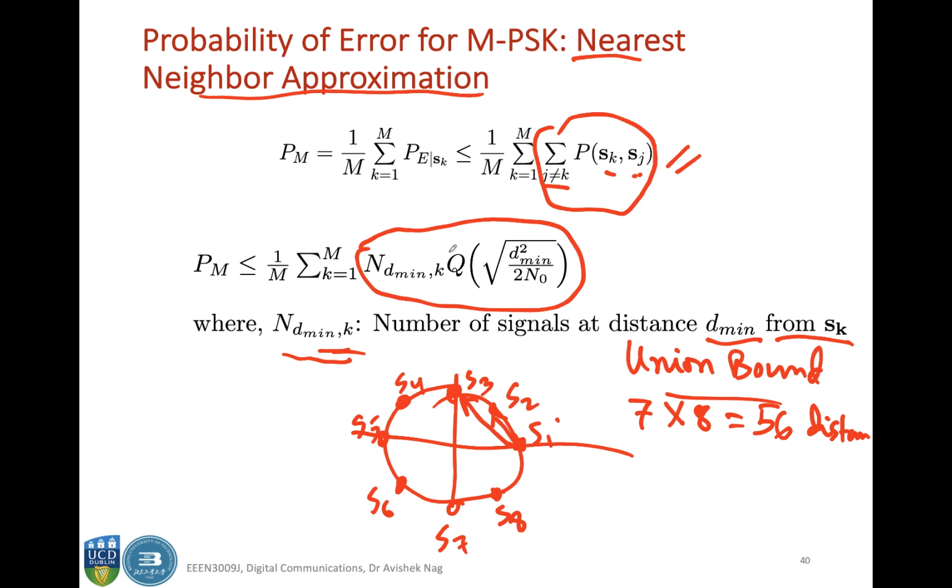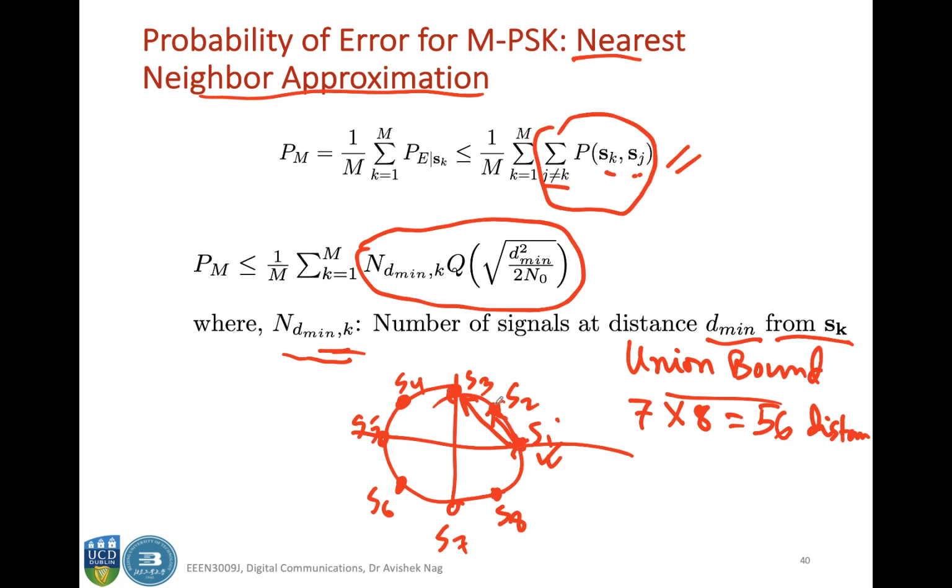Then you plug in to the formula that we just derived. Here in case of nearest neighbor approximation, what you are doing is that you take this signal S1 and you see what are the nearest neighbors. Clearly you can see from this signal space diagram that your D mean is the distance between two adjacent signals. So between S1 and S2, whatever is that distance, that's your D mean.